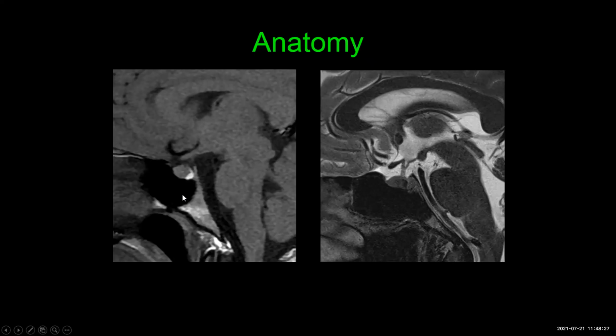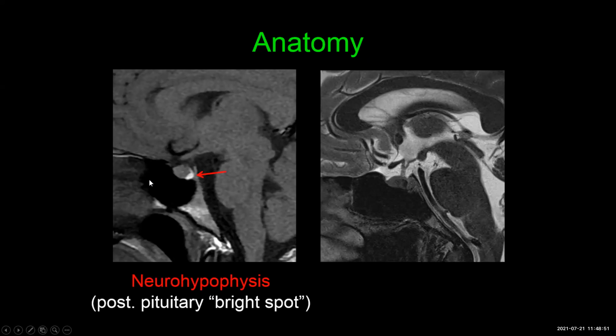So this black area is the sphenoid sinus. It contains air. And above it, we see this little gland on this T1 weighted image where CSF in the spaces around the brain is dark. We can see that the gland is an intermediate gray color, except for the back portion, which is very, very bright.